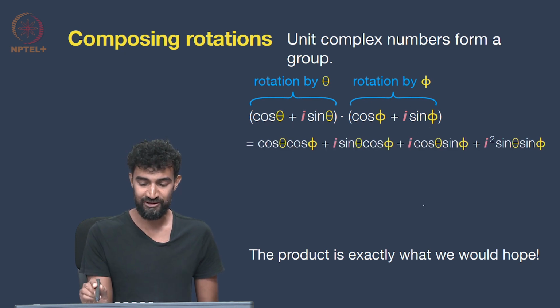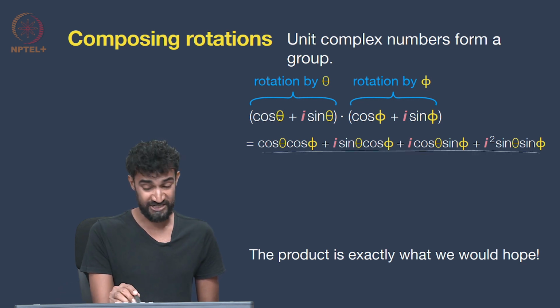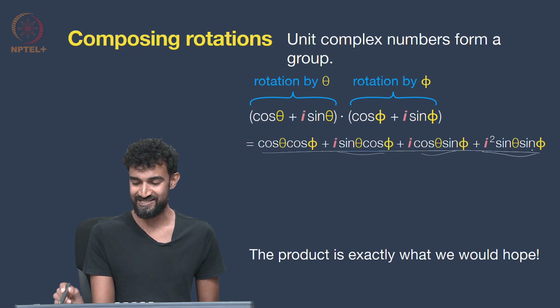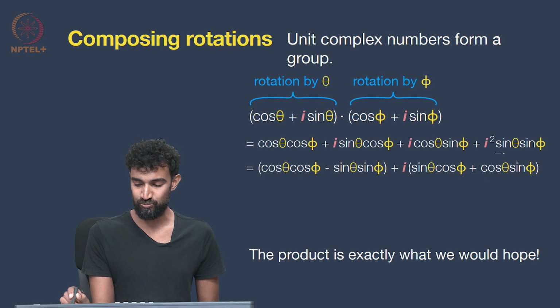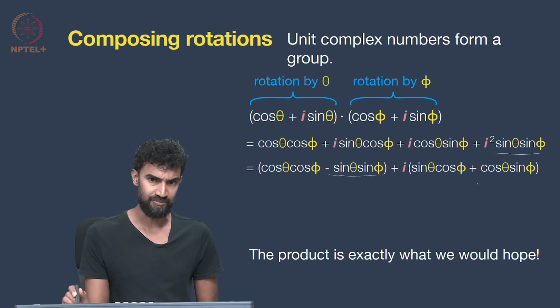When we multiply them together, we get this. When we expand that out, we get 4 terms: a real term, 2 imaginary terms, and this real term in disguise. Remember, i squared is equal to negative 1. So using the product rule, we can move this over to here. It's actually negative sine theta sine phi. So we get this complex number.